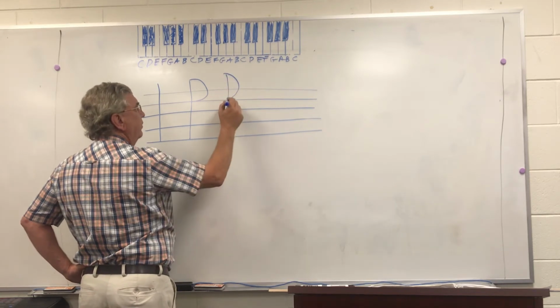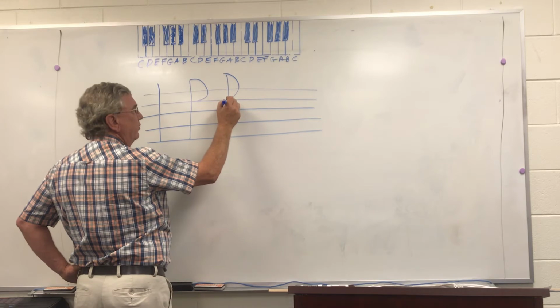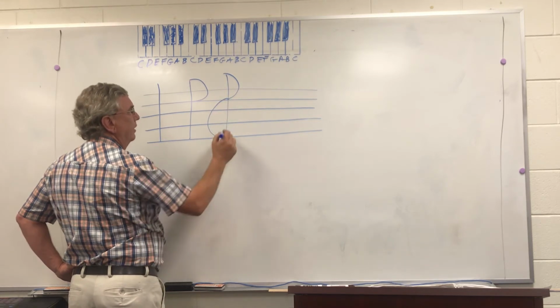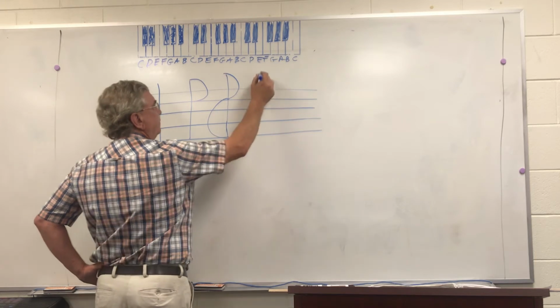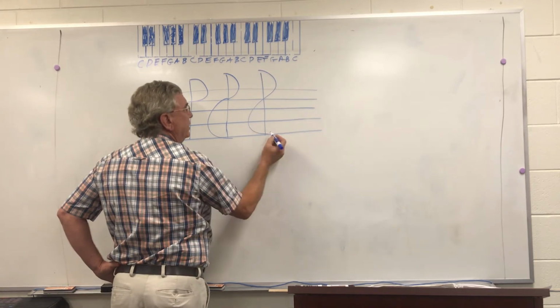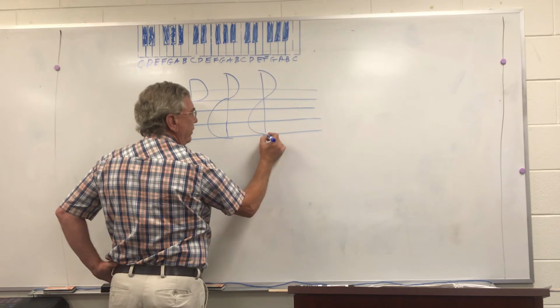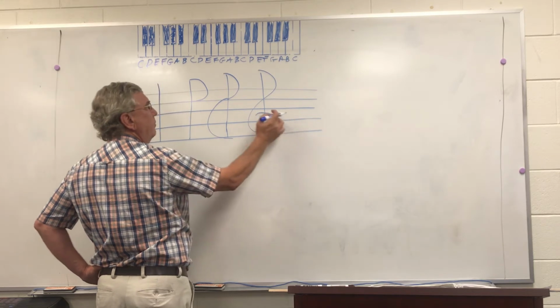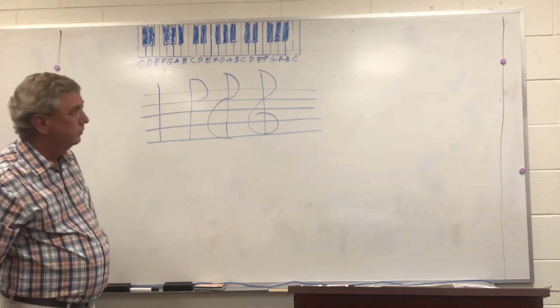Then you take your pencil, go to the connection, the intersection, and draw another half circle down to the bottom line. Then you take your pencil and you go to the connection down here and make a circle that cuts into the middle of the second space.